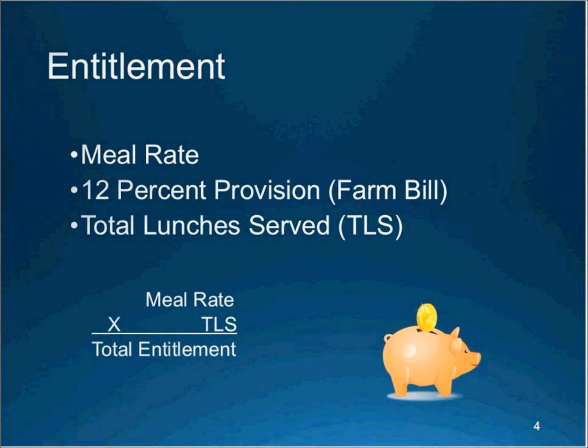Federal regulations require that the food distribution program entitlement be comprised of at least 12% of the total National School Lunch Program funding. For school year 15-16, the 12% provision increased the meal rate to 31 1/4 cents.